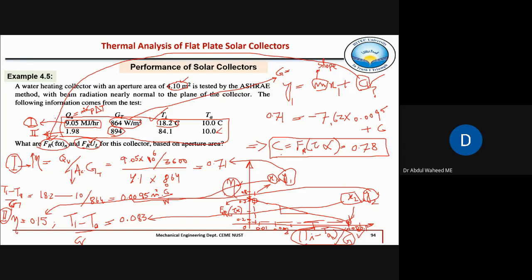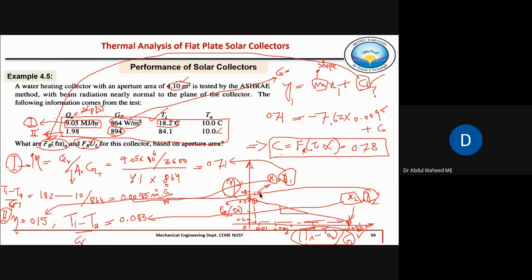So from that measured data, we have now calculated these two terms: how the heat is lost in that collector, what the slope of that heat loss is, and what the intercept, or the maximum possible efficiency, is of that solar collector whose experimental data was given.